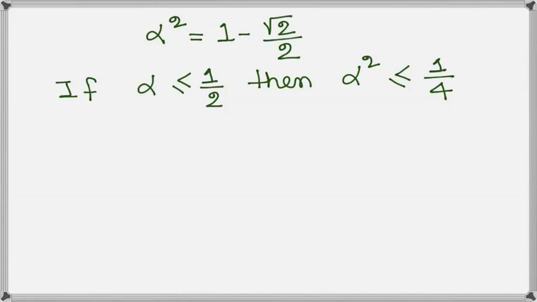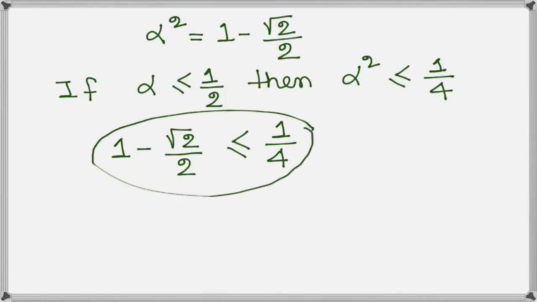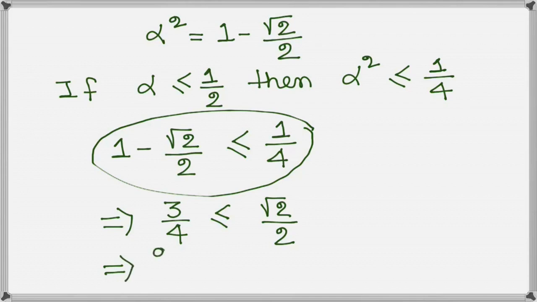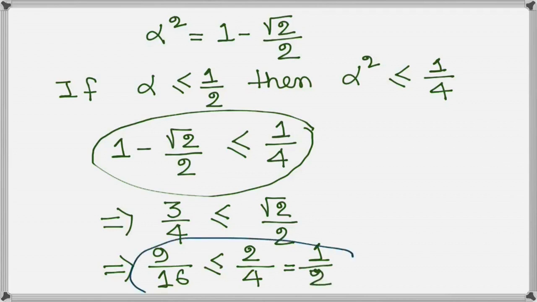Therefore, we get 1 minus square root of 2 divided by 2 is less than or equal to 1 by 4. And from here we obtain that 3 by 4 is less than or equal to square root of 2 divided by 2. Now squaring this we obtain 9 by 16 is less than or equal to 2 by 4, that means half. But we know this is not possible.